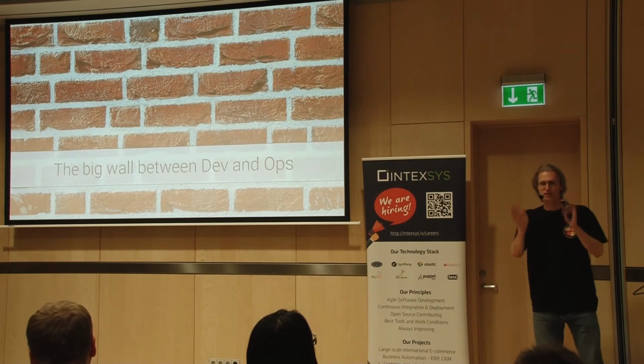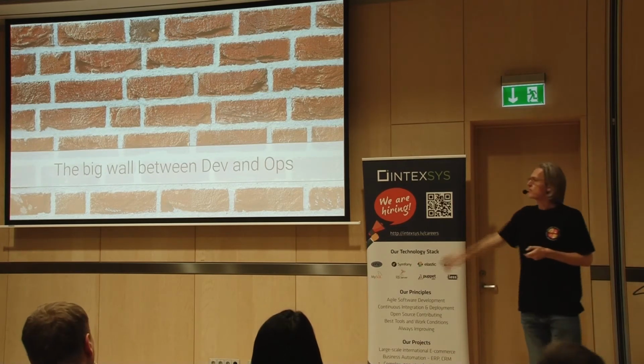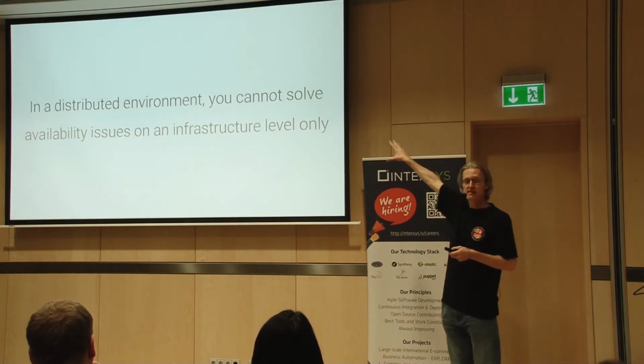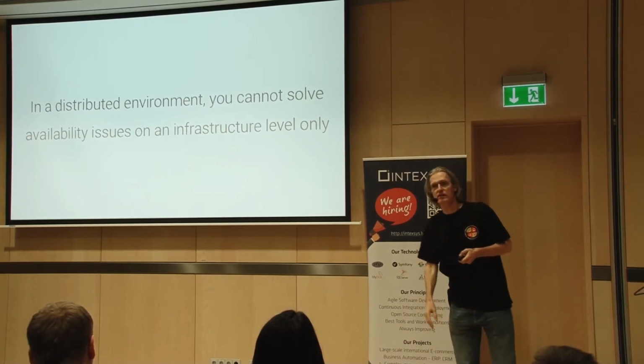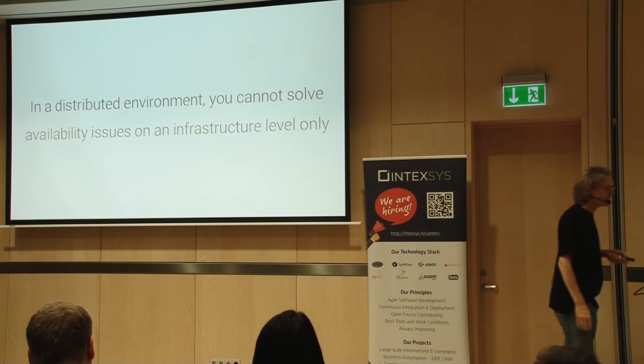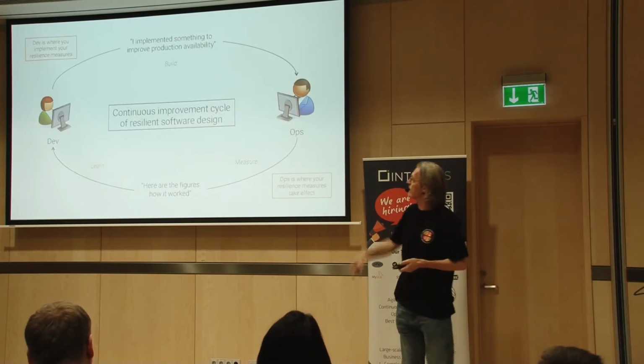It also backfires in a lot of different places, but it especially backfires here. So as a prerequisite, as I said before, you cannot solve availability issues on a distributed landscape simply on the infrastructure level. What you need to do instead, you have to have dev and ops working together.